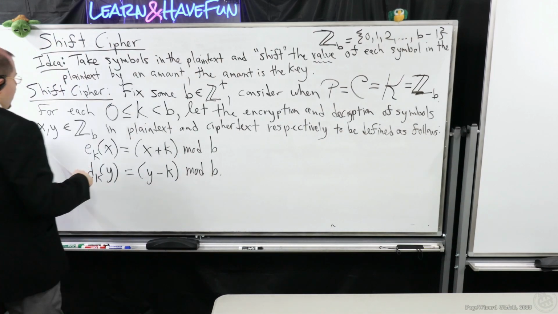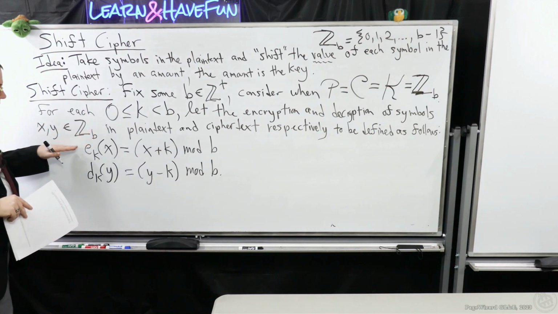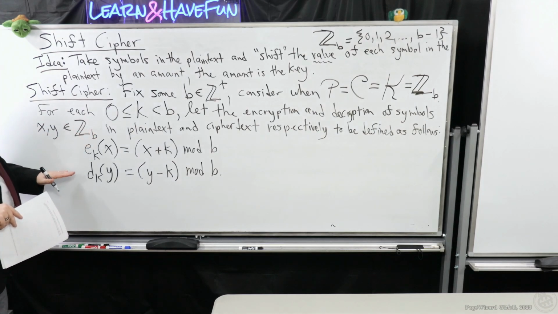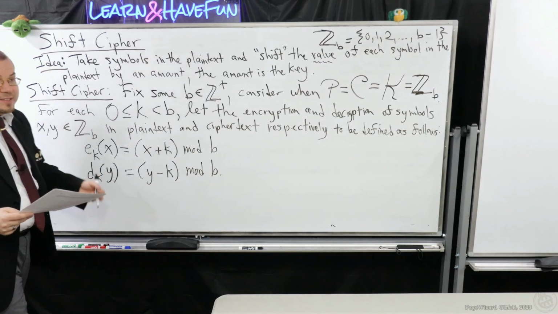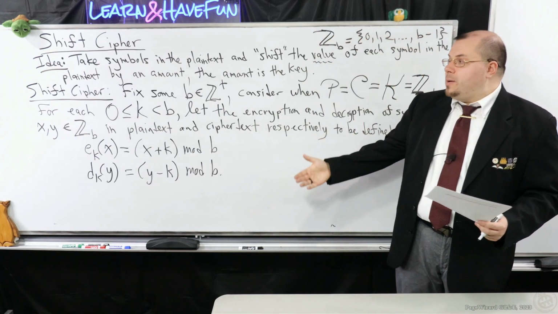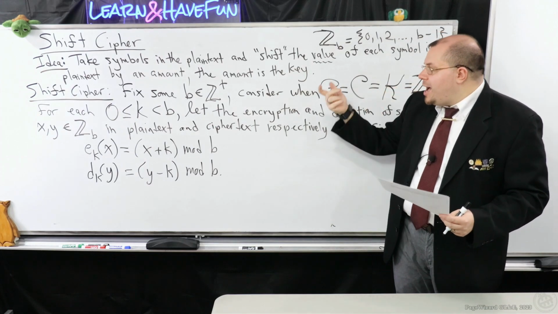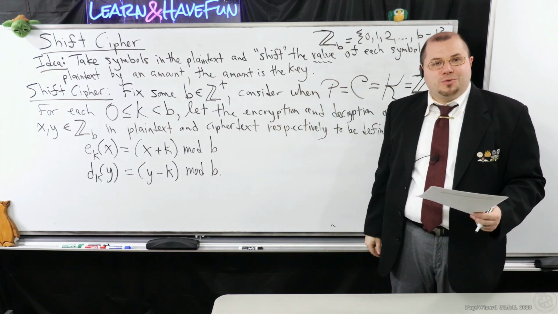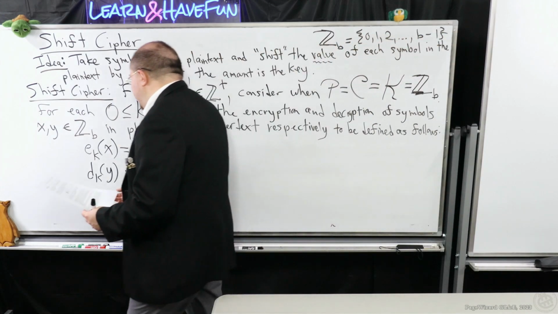Remember, EK is applied to each symbol in the plaintext, and DK to each symbol in the ciphertext. This is just the exact scenario I talked about with the cryptosystem, and it's fairly common: on each one of the symbols in the plaintext, you apply the encryption algorithm, and respectively decryption.